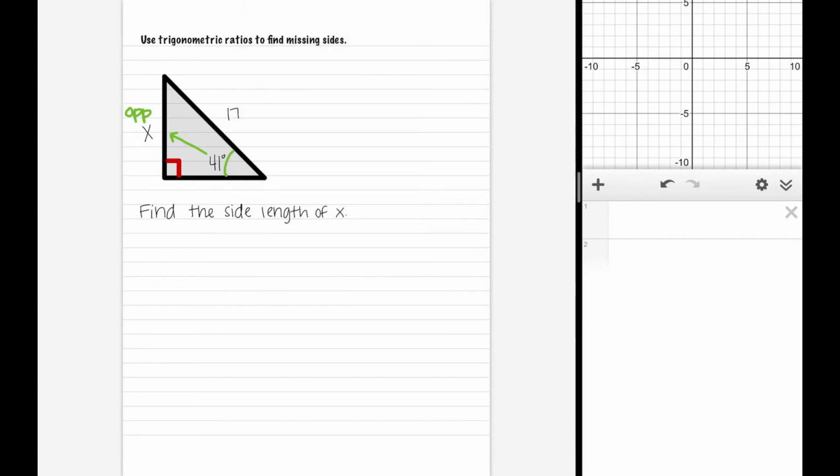I also know that 17 is the hypotenuse. So the information that I have is opposite and hypotenuse. Our opposite side is labeled X. Our hypotenuse is labeled 17.